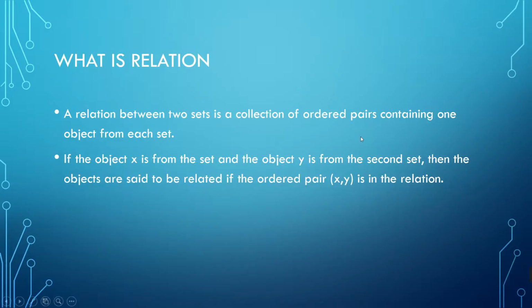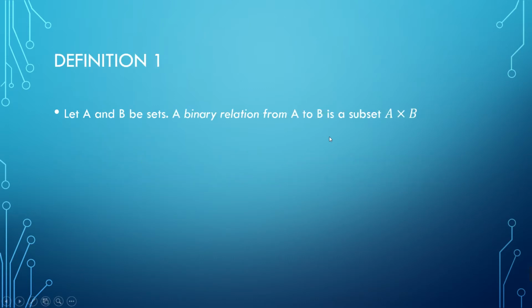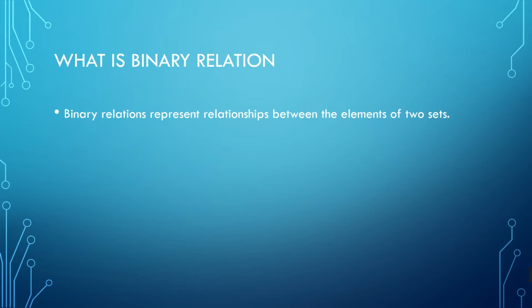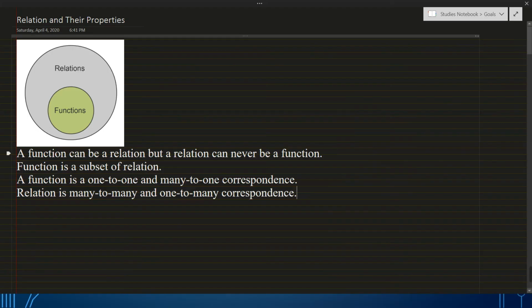Okay, so going to the next slide. Let A and B be sets. A binary relation from A to B is a subset of A times B. So what is a binary relation? A binary relation represents a relationship between the elements of two sets. To further understand, let's give an example.